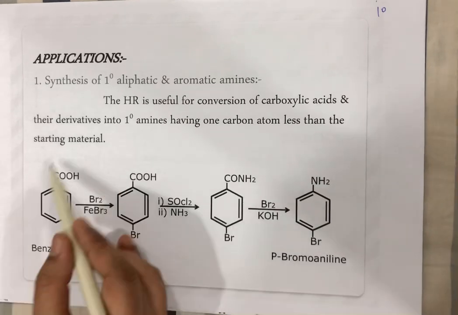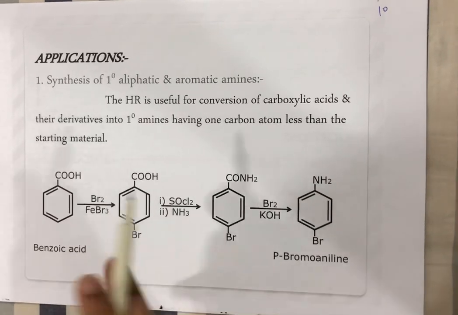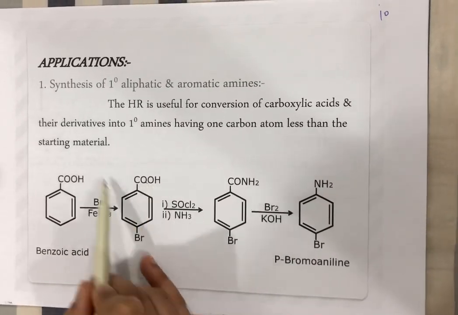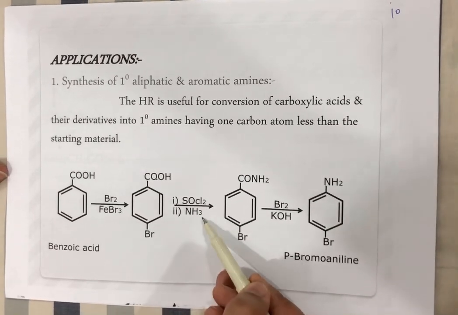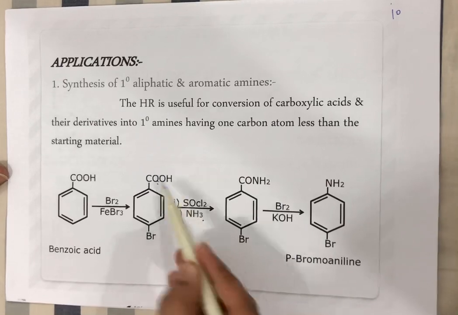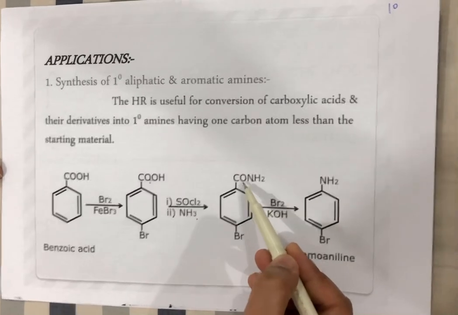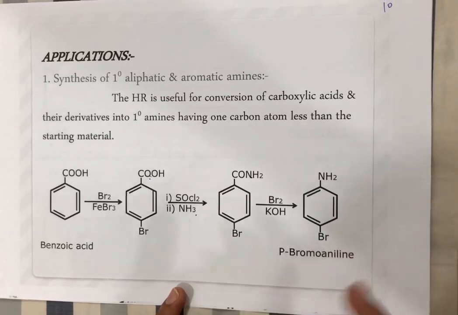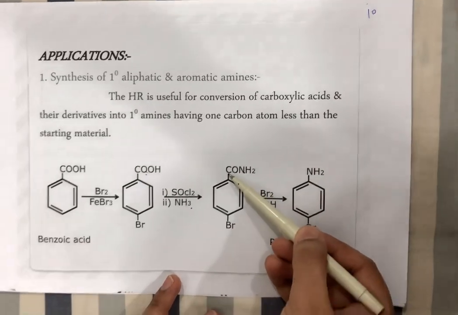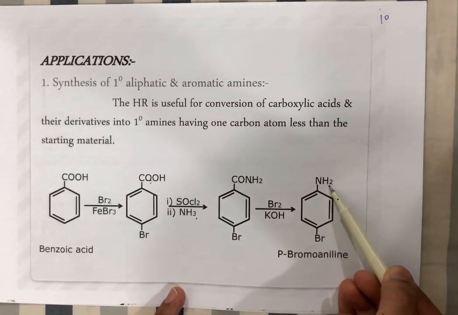That means the bromination of benzoic acid. Then this acid converts into amide in the presence of SOCl2 and NH3. So COOH converts into the amide group, that is CONH2. Here the Hofmann reaction will occur, and CONH2 will convert into primary amine.